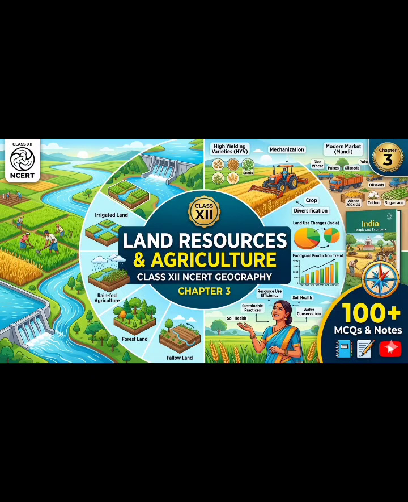Expansion of irrigation has played a crucial role in enhancing agricultural output in the country. It provided basis for introduction of modern agricultural technology such as high-yielding varieties of seeds, chemical fertilizers, pesticides and farm machinery. The net irrigated area in the country has also increased.